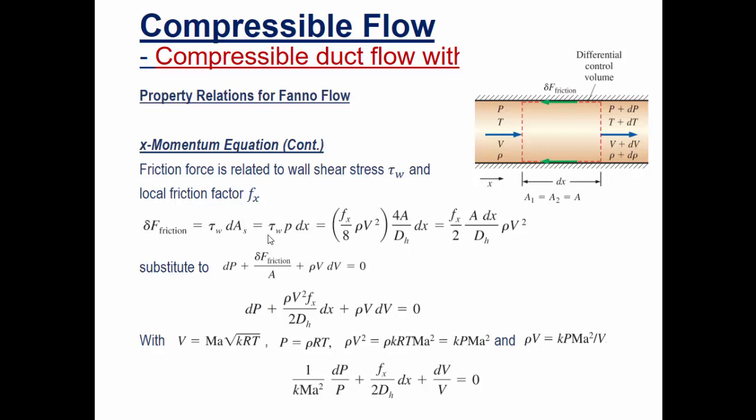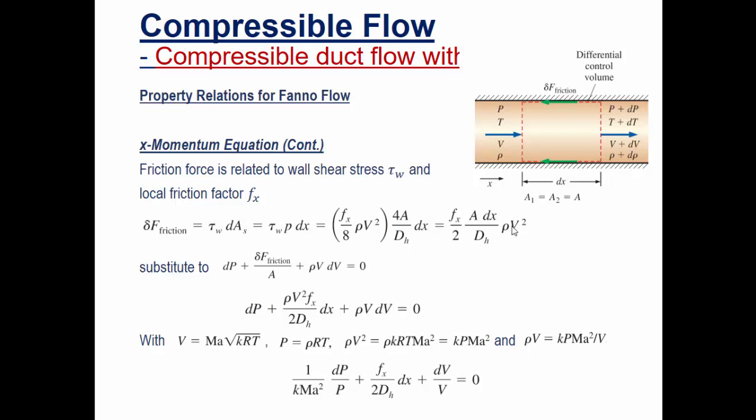And from this equation we can transform the equation where tau is equal to the local friction factor divided by 8 times the density of the fluid times the square of the velocity, and the perimeter itself is transformed from the definition of the hydraulic diameter, where now our perimeter is equal to 4 times the cross-sectional area divided by the hydraulic diameter.